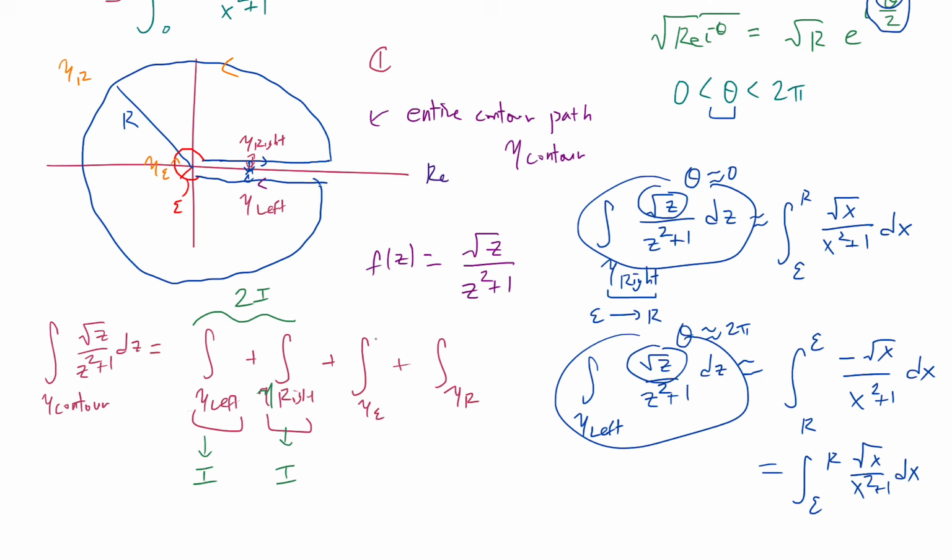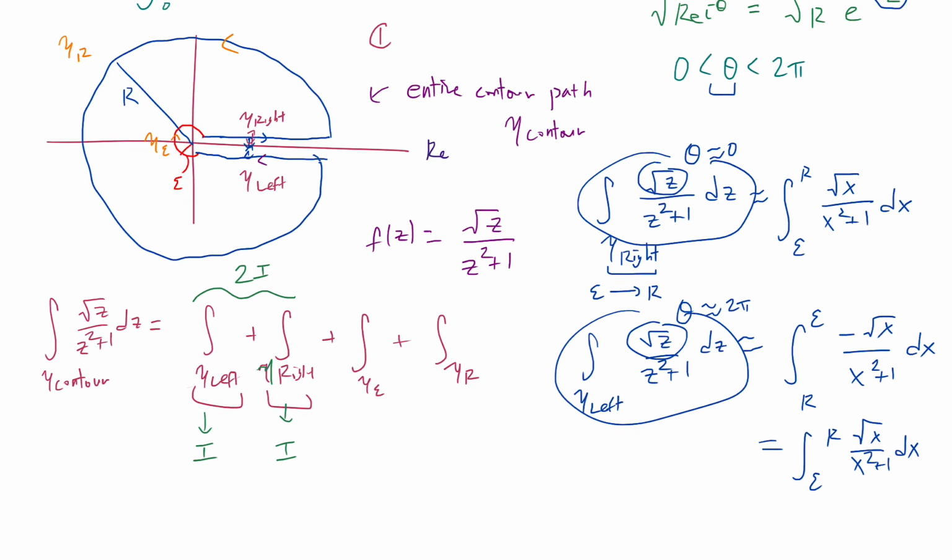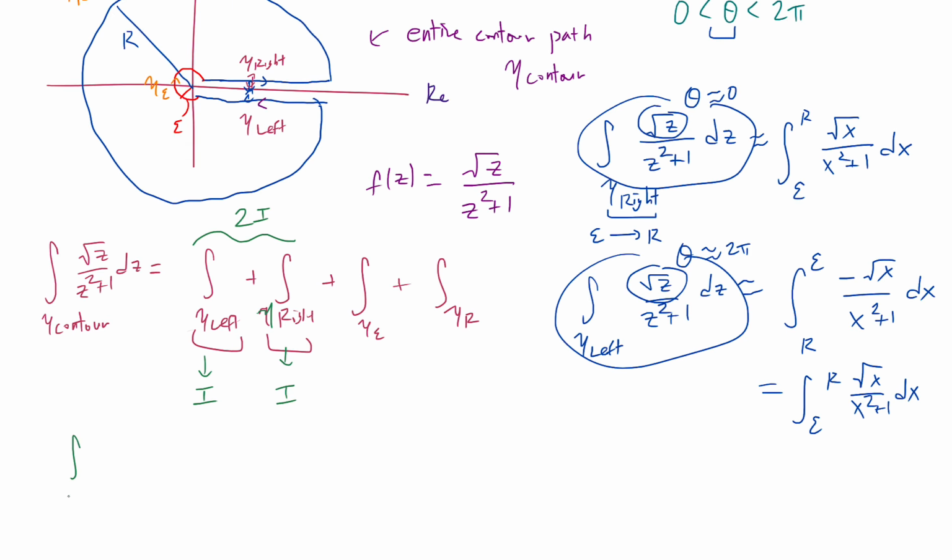So now let's think about what the rest of the things are going to turn out to be. First, what about gamma epsilon? When I look at the integral on gamma epsilon of square root of z over z squared plus 1 dz, the thing to realize is that we are very near 0 here, especially as epsilon goes to 0.